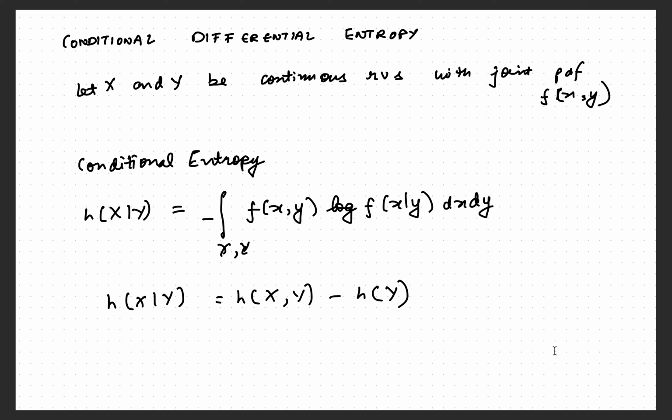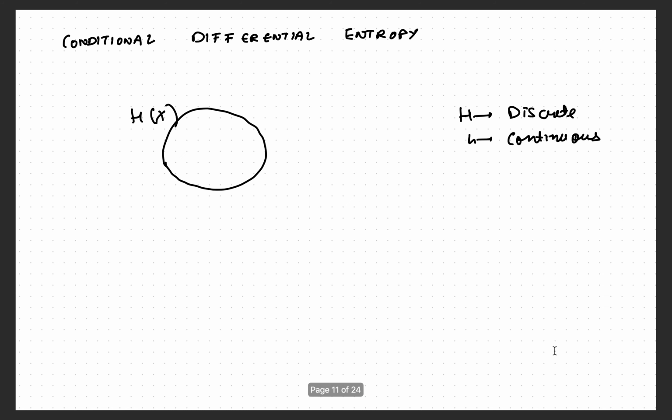So another way to interpret or understand these entropies, the conditional entropies, etc., is to look at Venn diagrams. This is again similar to the Venn diagrams you would have seen for understanding conditional probabilities and Bayes' rule. So I'm going to first draw a circle. I have here denoted it as capital H of x, where capital H means discrete entropy, and for the discrete random variable, all of these diagrams will be the same for the continuous random variable case.